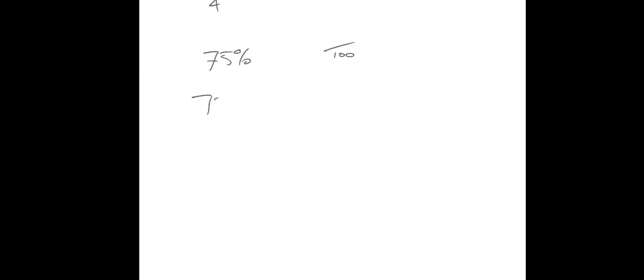So 75% is equal to 75 over 100. And if we simplify that, that equals 3 over 4. But don't really worry about simplifying it. That's fine, just leave it like that.